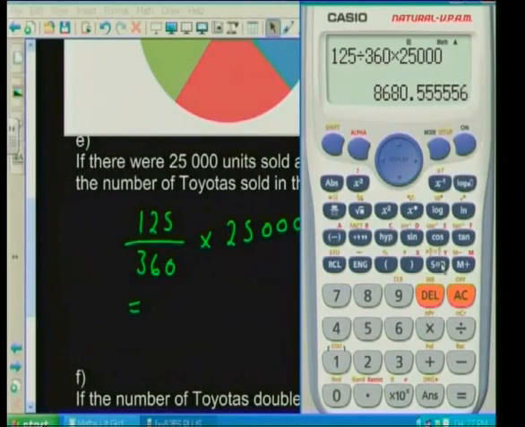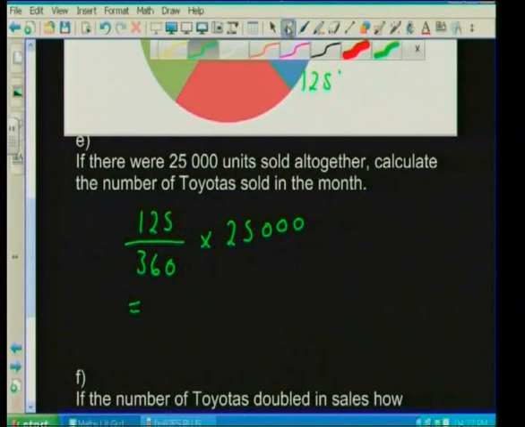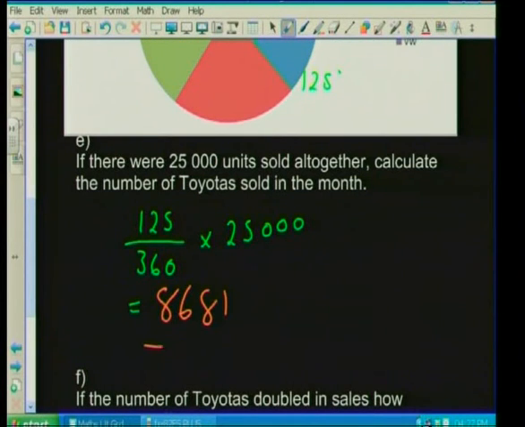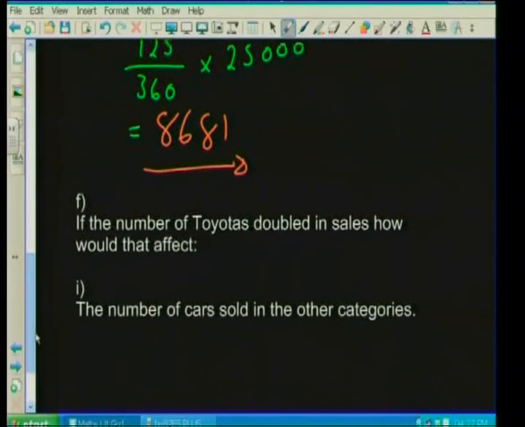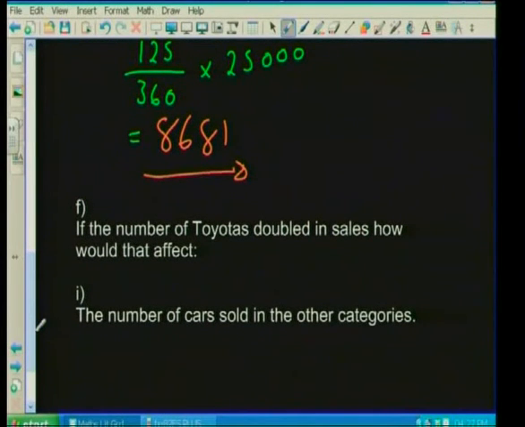Then I've got huge problems. So I'm going to round it off to the nearest whole number and say my answer is going to be 8,681. So 8,681 cars were sold.